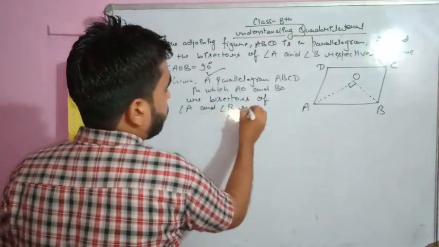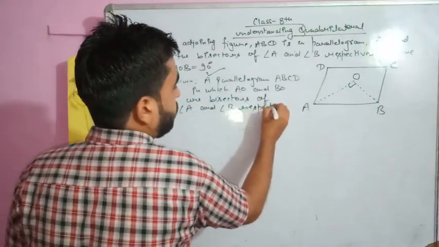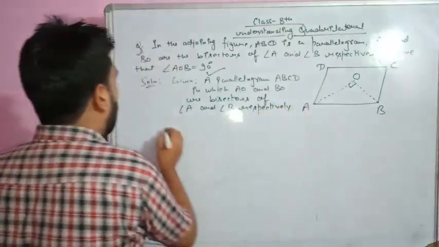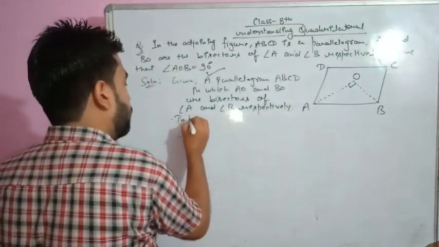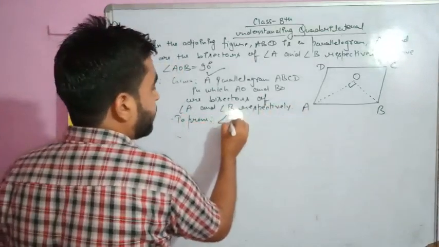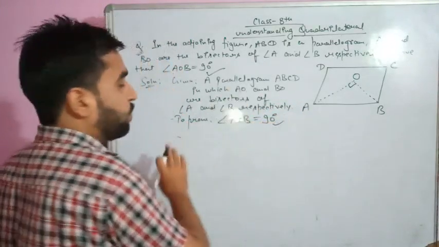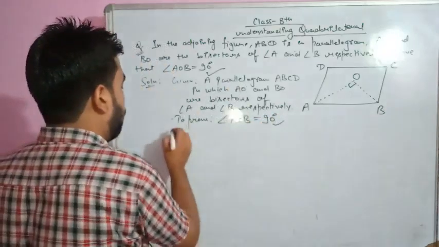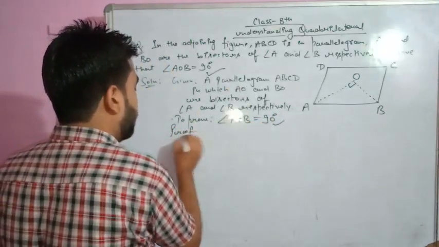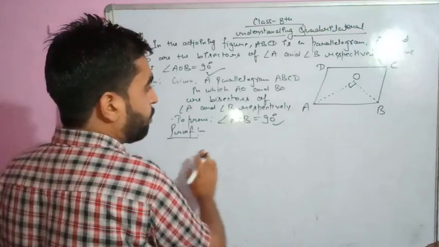So this is the condition given to us. Now what do we have to do? What is to prove? That angle AOB is equal to 90 degrees. After writing these two things, given and to prove, now let us come to the most important part, that is the proof. How will we prove this?